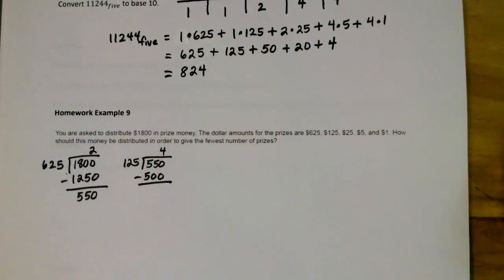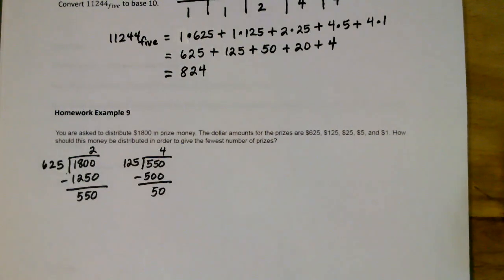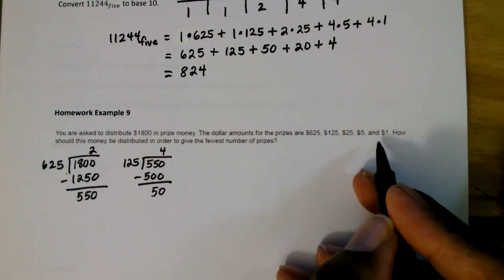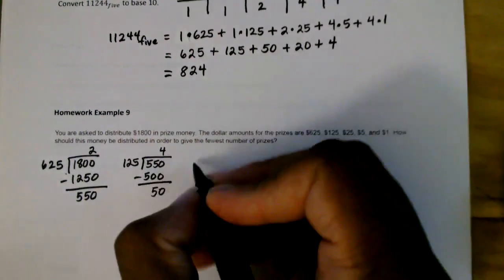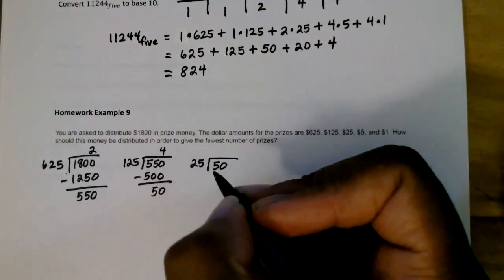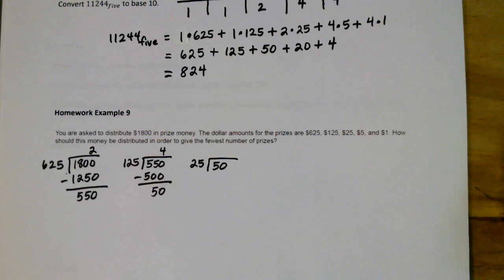And if I subtract 500 from 550, I'll end up with 50. So the remaining $50 will have to be distributed with the remaining $25, $5, and $1. Now, let's try 25. Divide that into 50. 25 goes into 50 2 times.